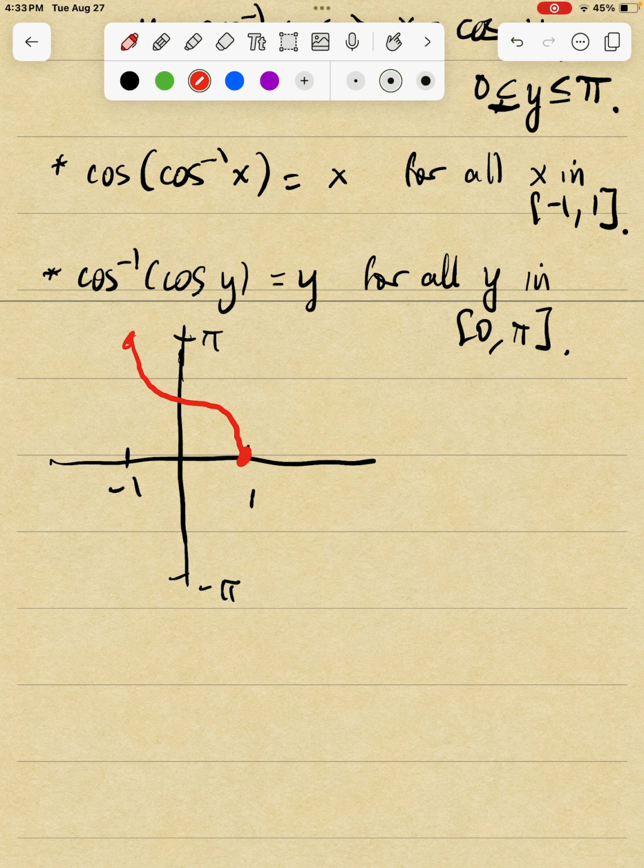And this is pi over 2. That's the graph of the arc cosine function. Again, arc cosine is the same as cosine inverse, right? Okay.